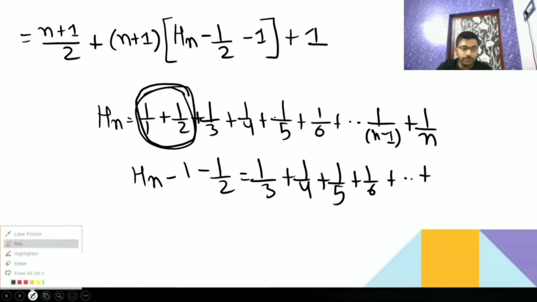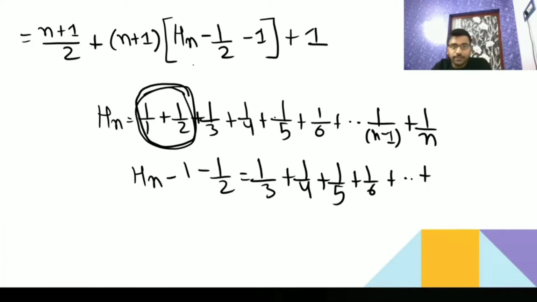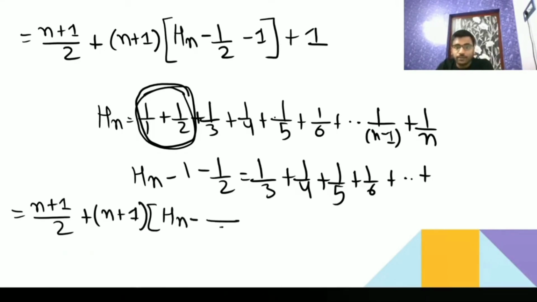Now see, now substitute. If you just solve the equation, now you will get the answer. So it will be (n+1)/2, then n plus 1. Now Hn minus 1/2 minus 1 minus 2 plus 1.